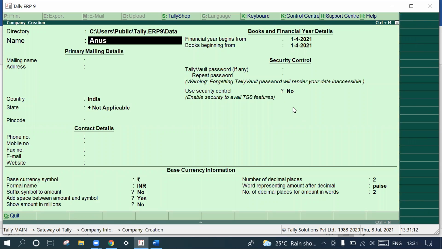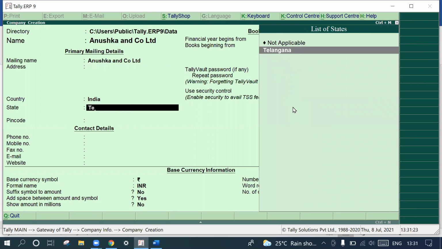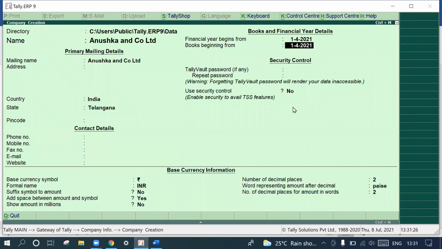Here Anushka and Company Limited. Enter. Telangana, enter, like this. Yes, accept.